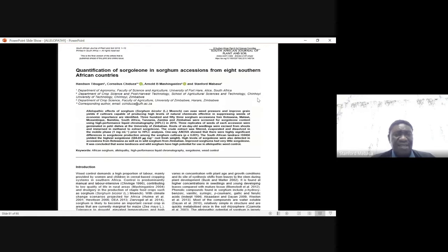If you are interested in that story of sorgoleone, you could get hold of Dr. Tibugari's paper on the quantification of sorgoleone in sorghum accessions from 8 Southern African countries. But this was actually done here at the University of Zimbabwe in the weeds laboratory.